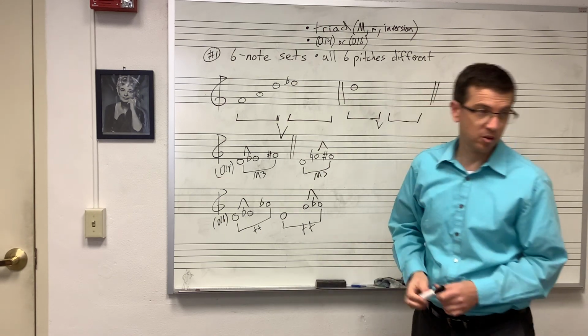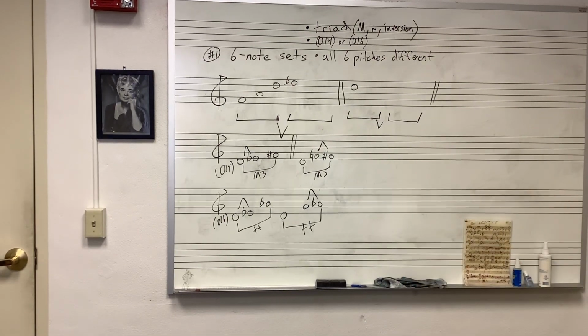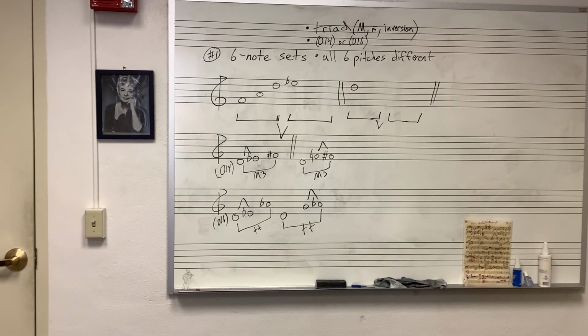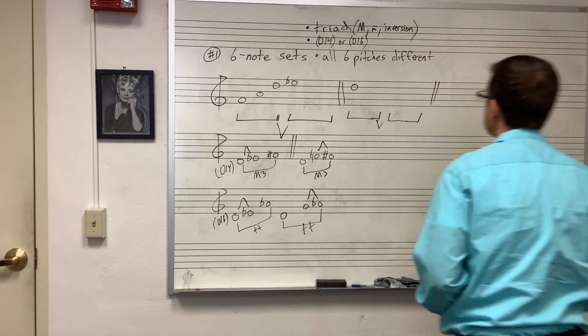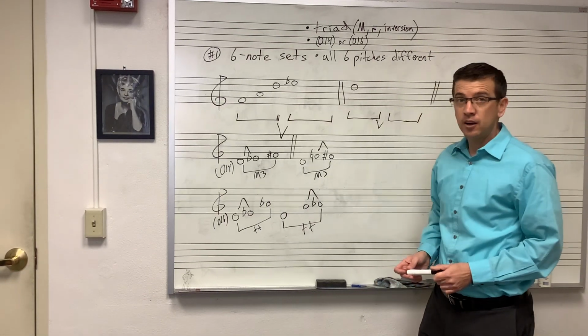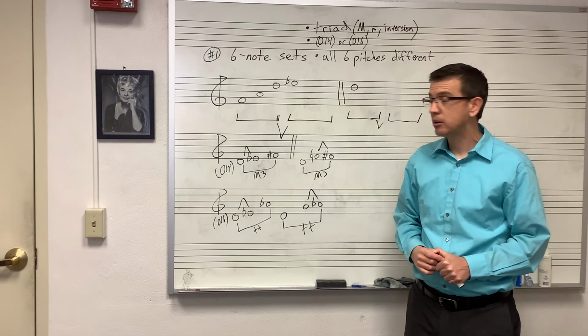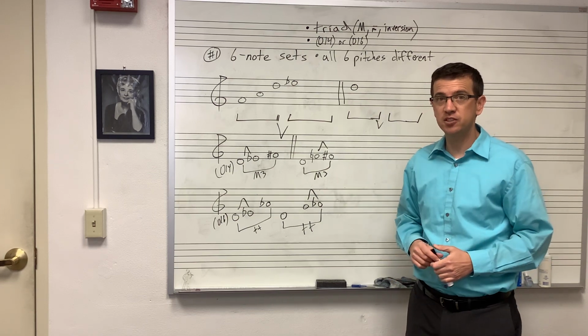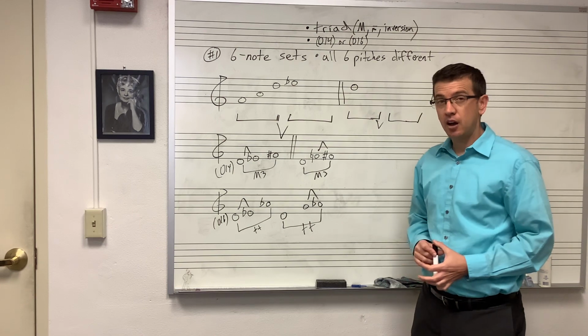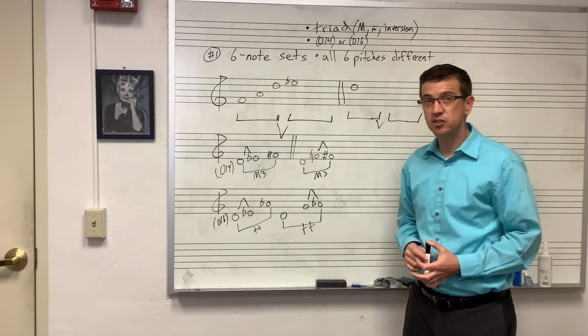Here are the first 3. Now, go ahead and give that as many listens as you need. You can rewind it and listen to it as many times as you like. I will give you all 6 notes.